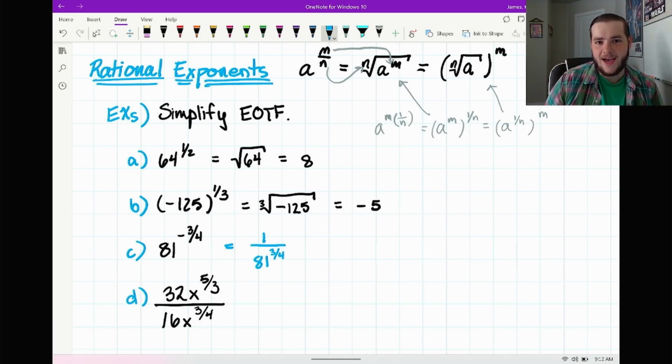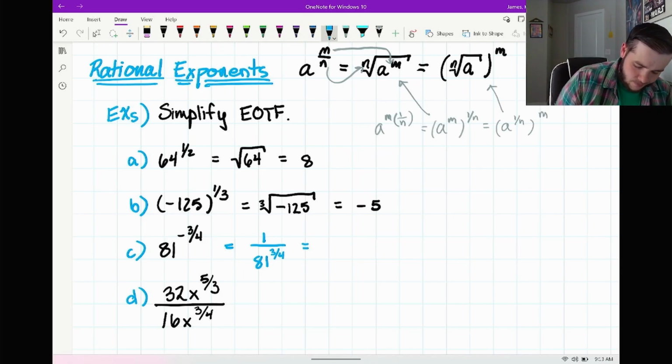Now, let's tackle the rational exponent. The numerator becomes the power, the denominator becomes the index. When we deal with larger numbers, it's easier to use this second one, because by doing the radical first, it'll cut the number down. Let me show you what I mean.